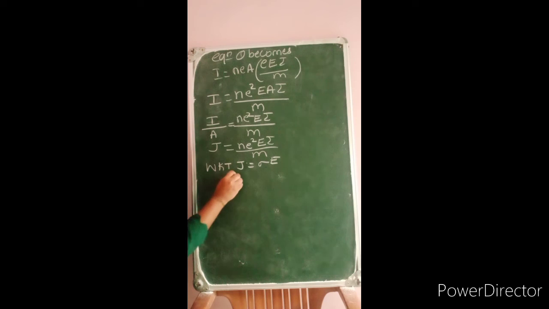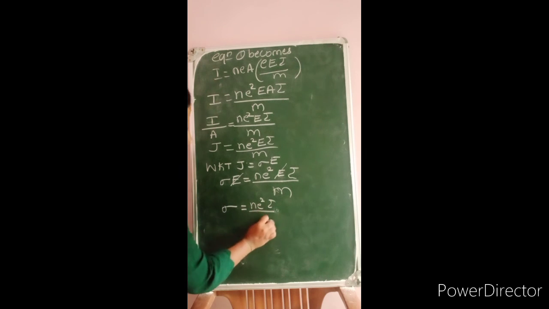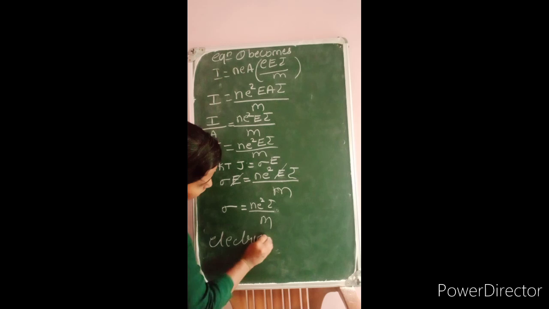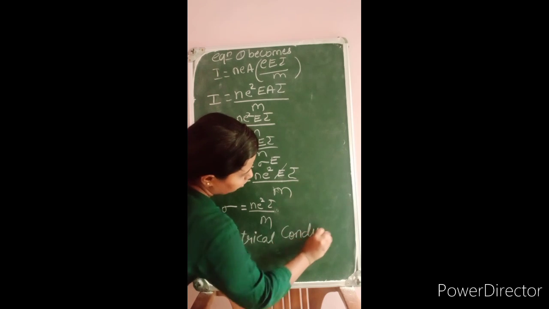You will get sigma E is equal to n e square E tau divided by m, where E and E get cancelled, remaining sigma is equal to n e square tau divided by m. This is the expression for electrical conductivity.